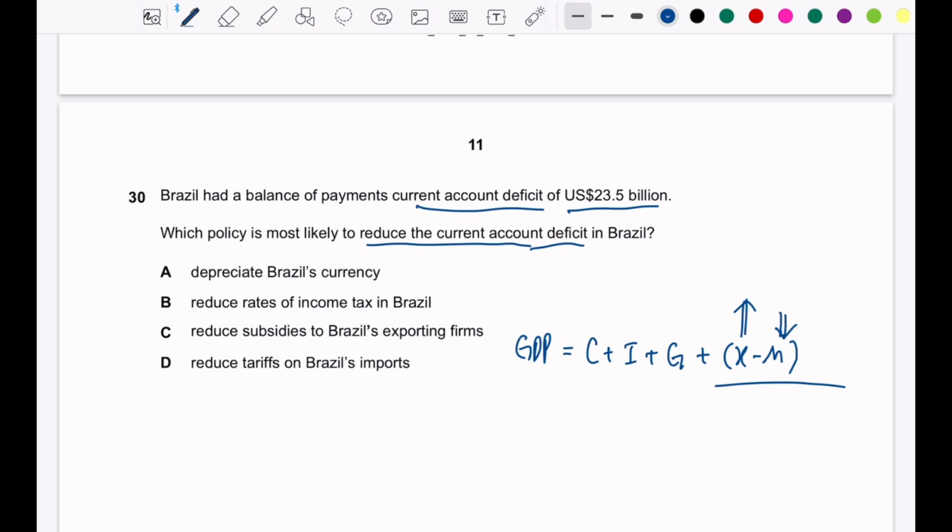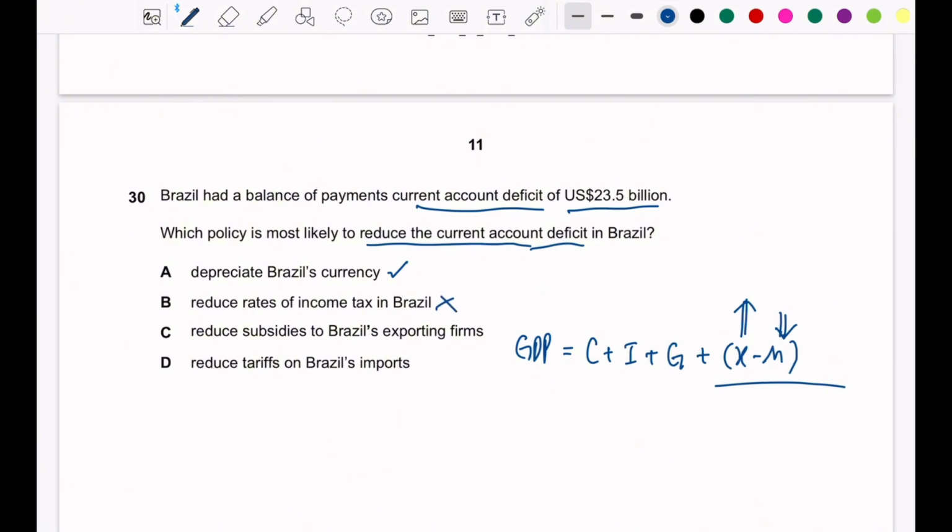Let's look at the answers. A. Depreciate Brazil's currency. Yes, this is correct. Why? Because when the Brazilian currency weakens, this makes Brazilian export products cheaper for other countries to buy, therefore increasing export revenue. B. Reduce rates of income tax in Brazil, not relevant.